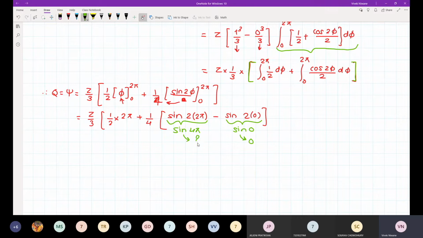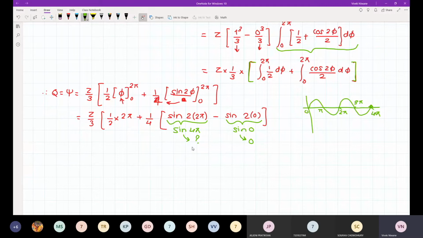What is the value of sine of 4 pi? If we have 0, this is pi, this is 2 pi, this is 3 pi, and this is 4 pi. So what is the value of sine of 4 pi?